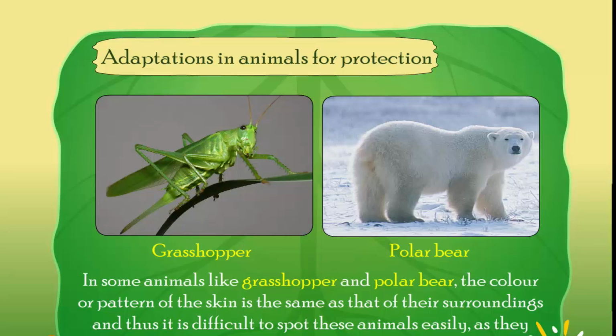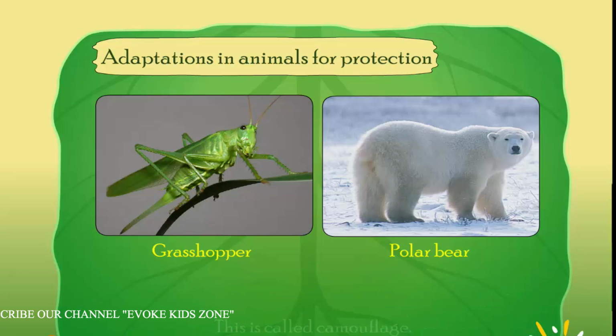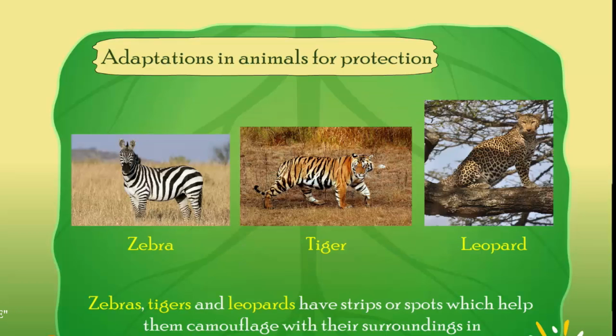In some animals like grasshopper and polar bear, the color or pattern of the skin is the same as that of their surroundings, and thus it is difficult to spot these animals easily as they merge with their surroundings. This is called camouflage. Zebras, tigers, and leopards have stripes or spots which help them camouflage with their surroundings in forests.